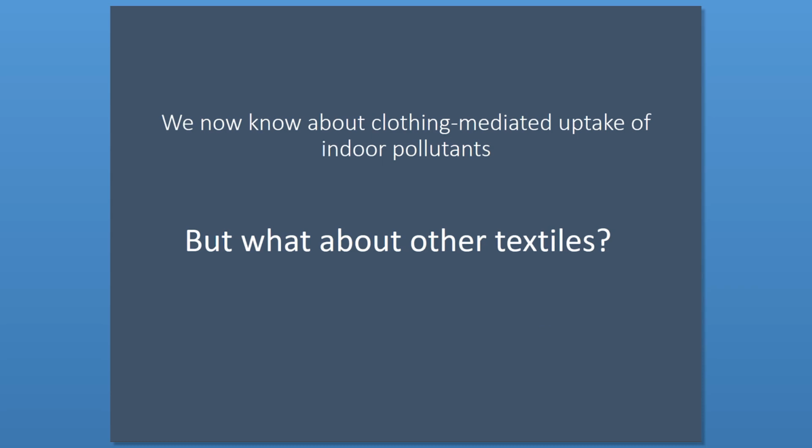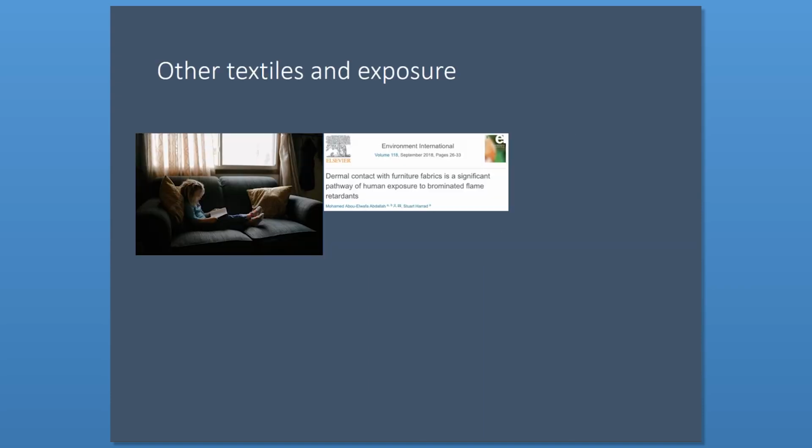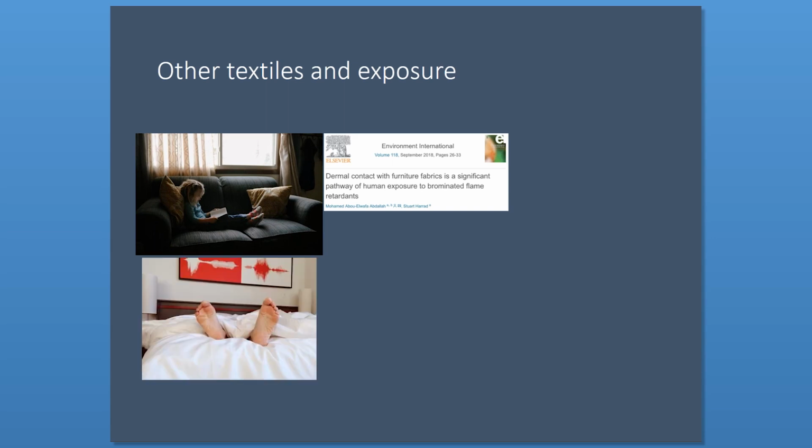What about other textiles? I realize that I've only got about 8 or 9 minutes left, so I'll probably move through this fairly quickly. But there are, of course, other kinds of materials indoors, other textiles out there, that we should be concerned about. There is evidence that dermal contact with furniture fabrics can be a source of flame retardant uptake in our bodies.